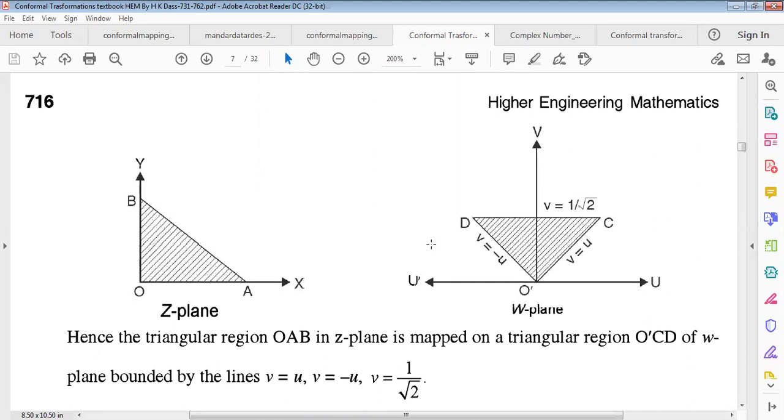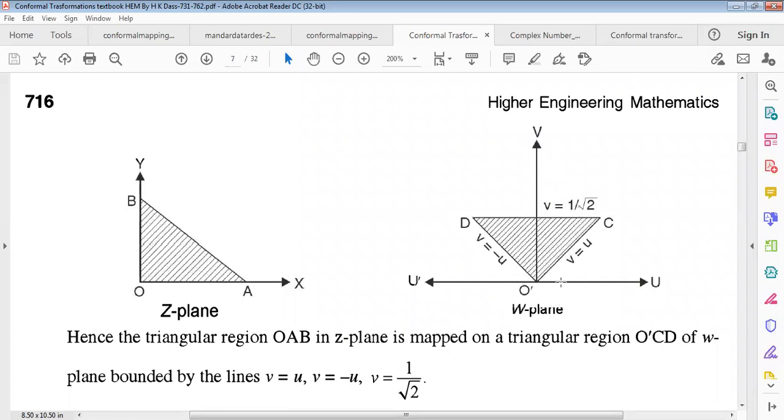Now if we plot the w plane, u equals v is actually the equation of a straight line passing through the origin, of the y equals mx type, and this is also a y equals mx type equation, but on the negative part.